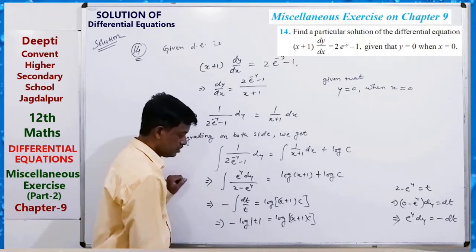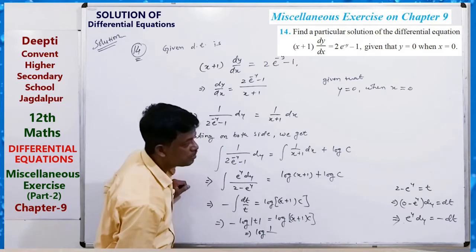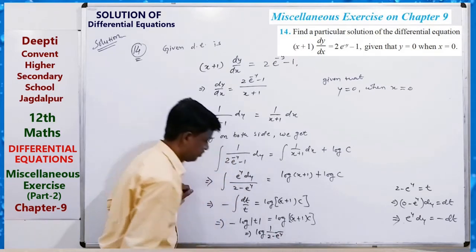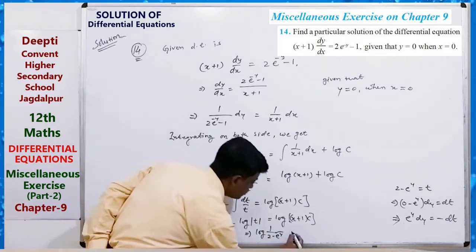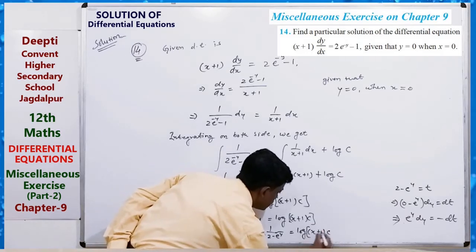Okay, so implies log of 1 upon t, t meaning 2 minus e to the power y, equals log of (x plus 1) into c.